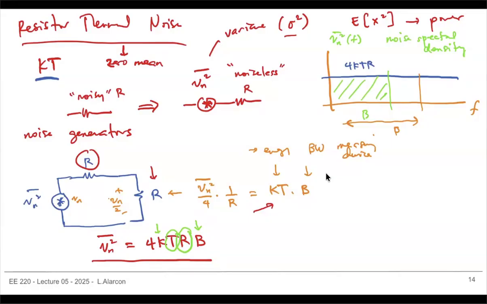This is something that we see all the time: the noise spectral density of thermal noise is what we call white. It's called white because it's spread out over all frequencies. When you say white noise, the spectrum contains all frequencies evenly.